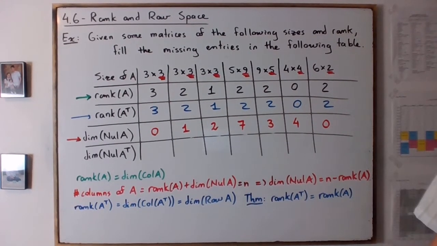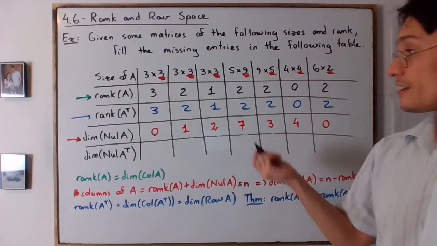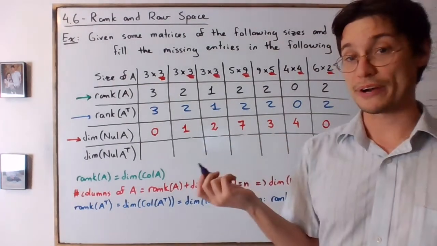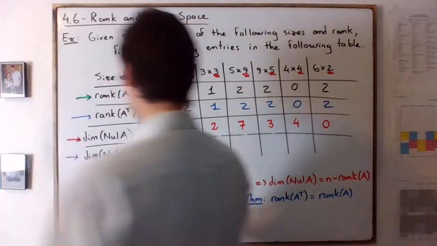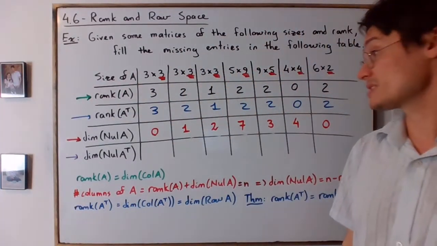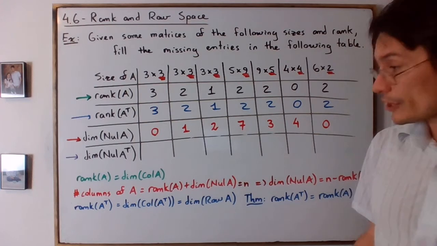All right. Now let's finish this. Unfortunately, I wanted orange, but I just have purple. So here we go. We're going to do the dimension of null A transpose, and we're going to do the same thing.